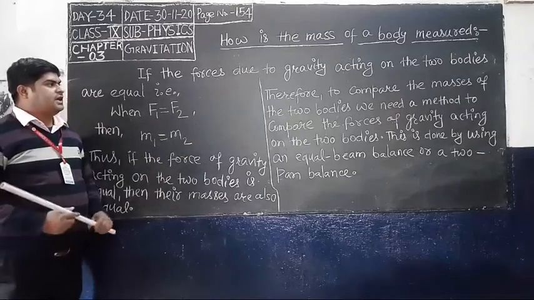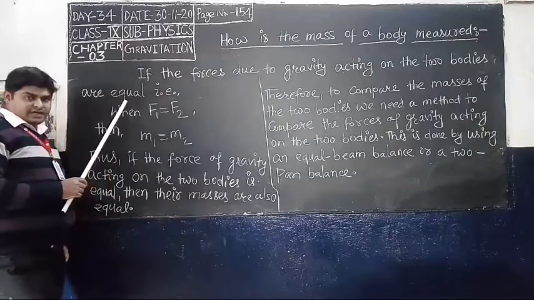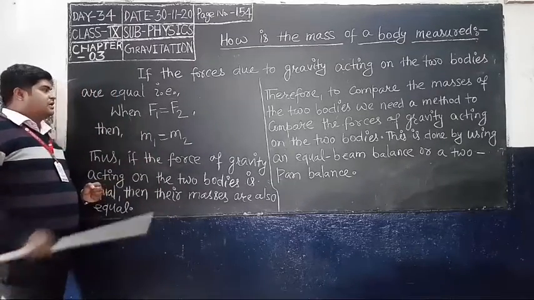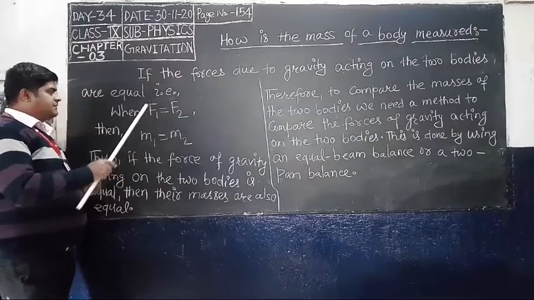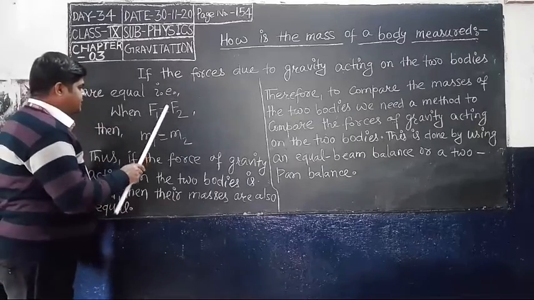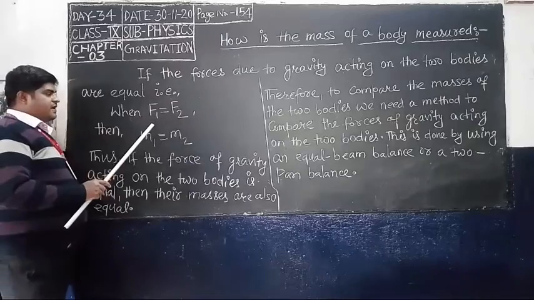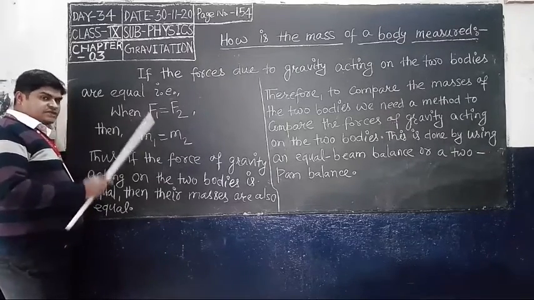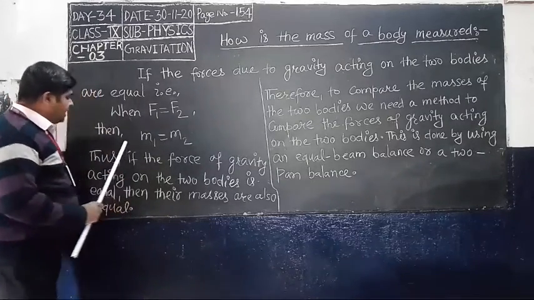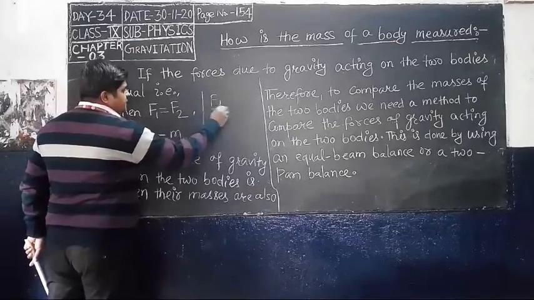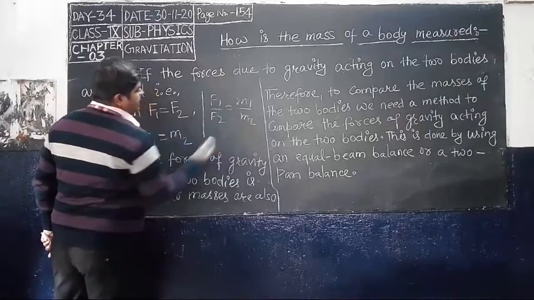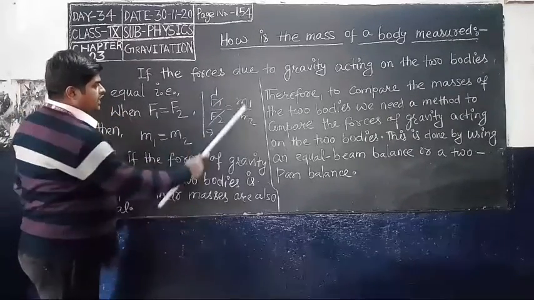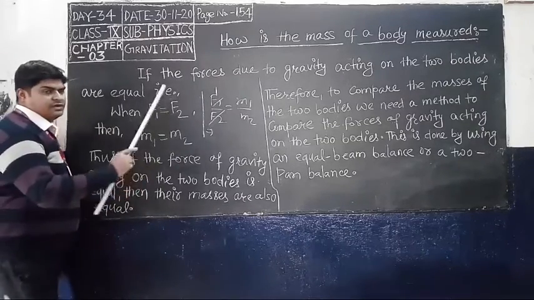If the forces due to gravity acting on the two bodies are equal, that is when F1 is equal to F2, where F1 is the gravitational force acting on the first object and F2 is the gravitational force acting on the second object, and you have seen F1 by F2 is equal to m1 by m2, then if F1 is equal to F2, it cancels out and m1 is equal to m2.